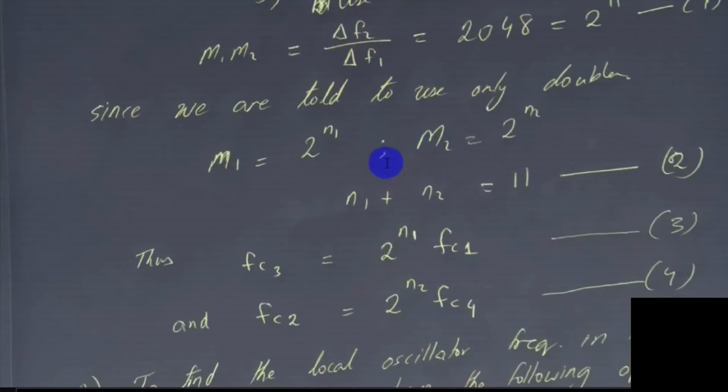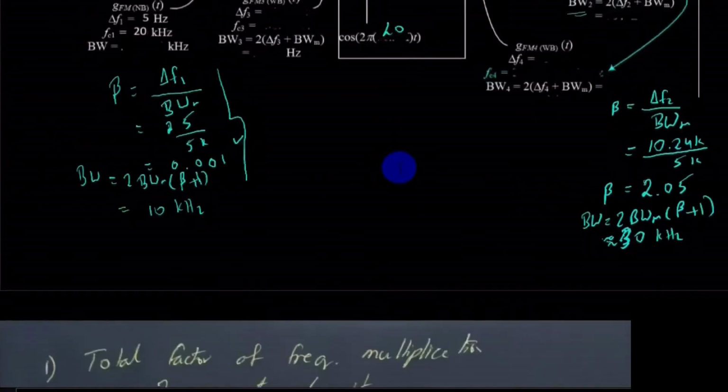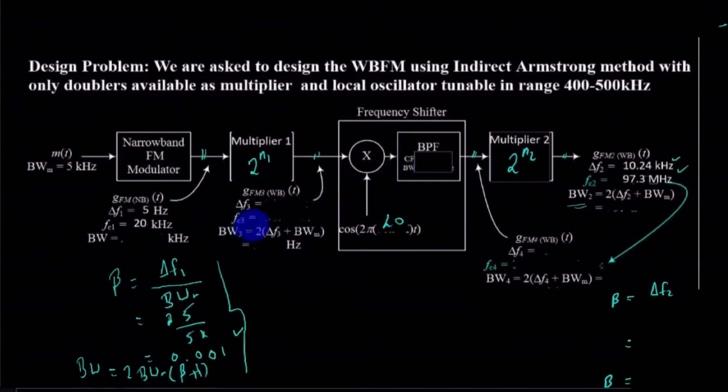Next in line is some analysis in terms of FC3. So we have FC3 over here. This FC3 is nothing but FC1, which is 20 kilohertz, multiplied by 2 power n1, right? So this will be our FC3. Similarly, we have FC2 here, the center frequency, that would be equal to FC4, whatever would be here, multiplied by 2 raised to power n2.